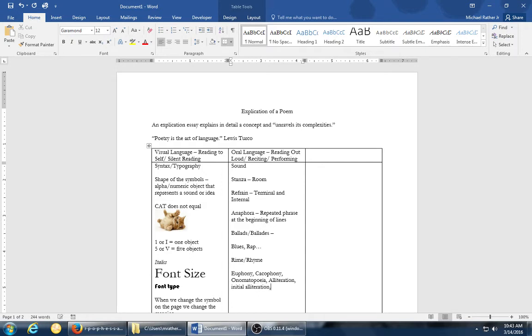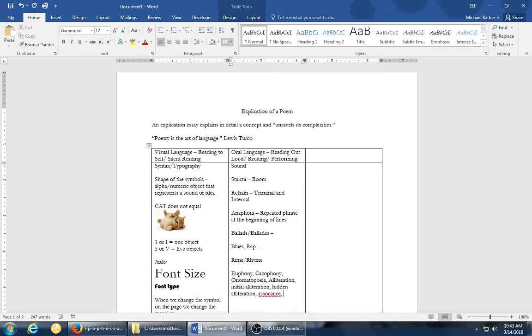Let me show you here some of these other ones. And these all go in, again, the oral language, because what they're doing is they're trying to please the ear or draw attention to certain things through the ear itself.